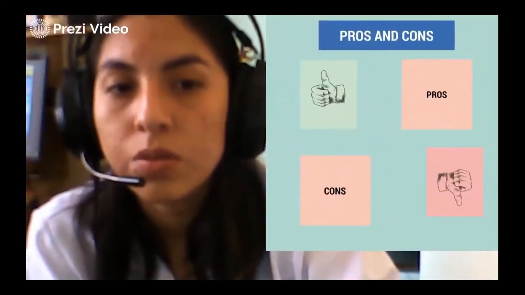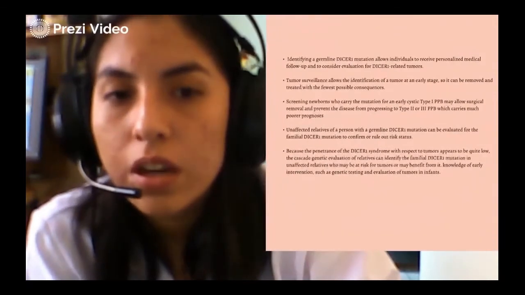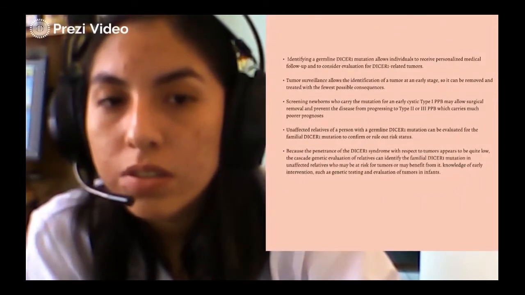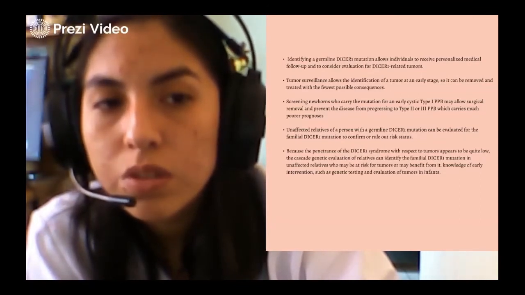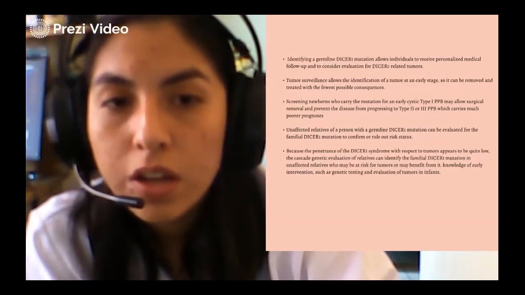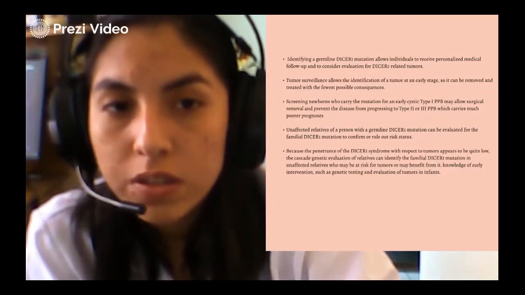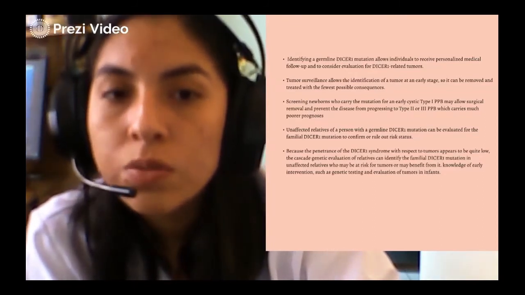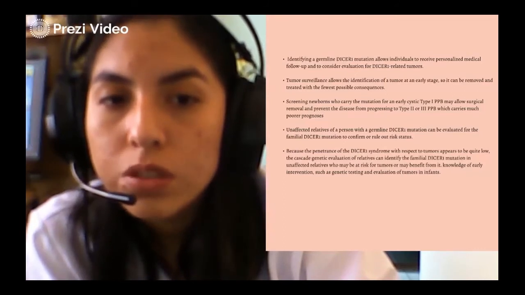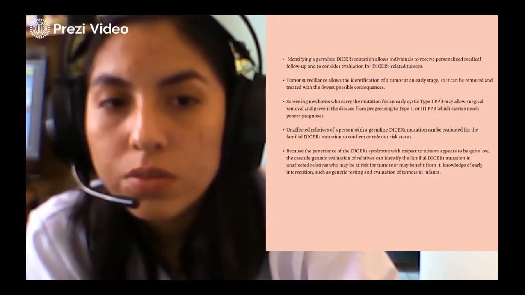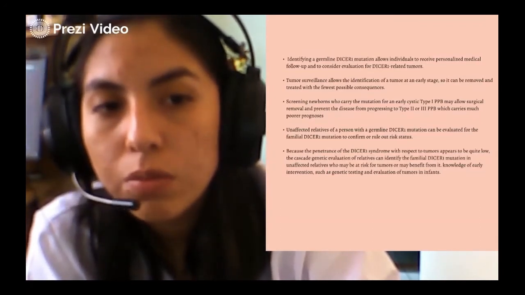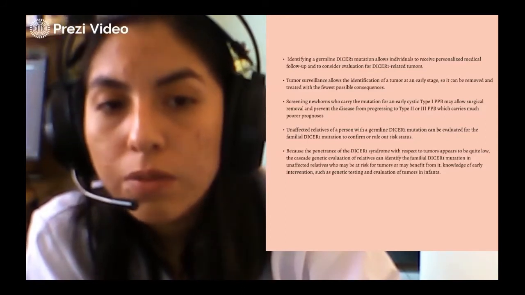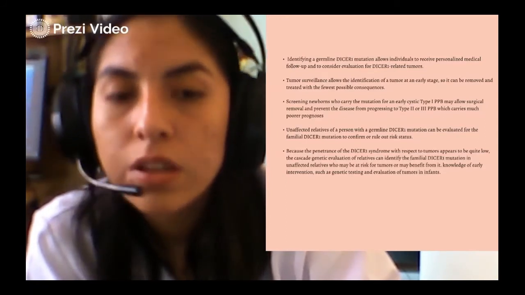Pros and cons. First, pros. Identifying germline DICER1 mutations allows individuals to receive personalized medical follow-up and to consider evaluation for DICER1-related tumors. Tumor surveillance allows the identification of a tumor at an early stage, so it can be removed and treated with the fewest possible consequences.